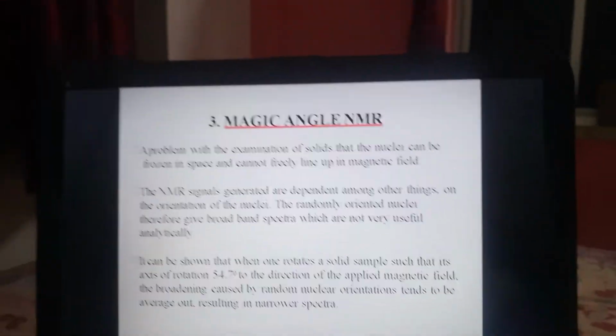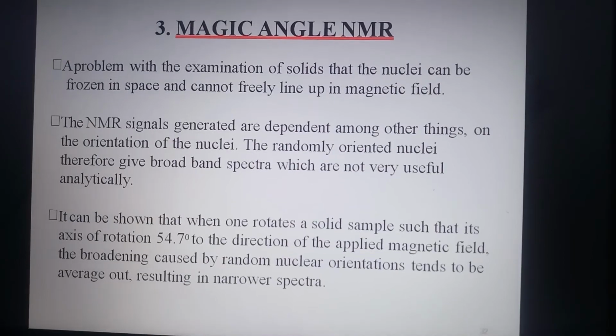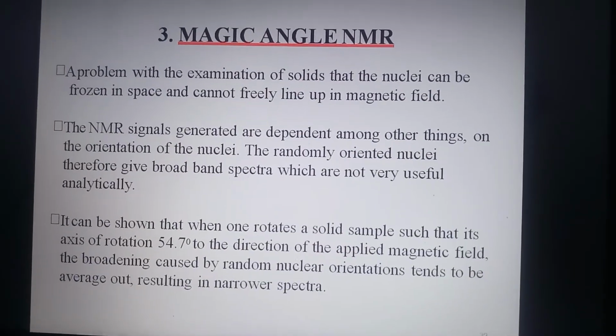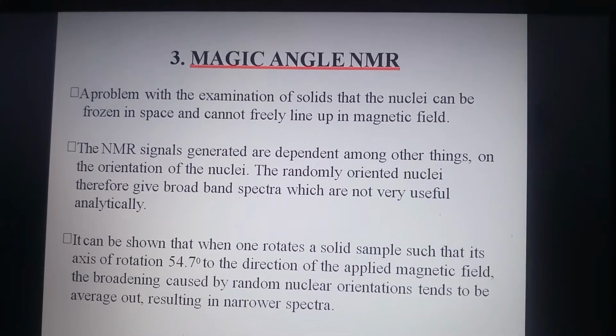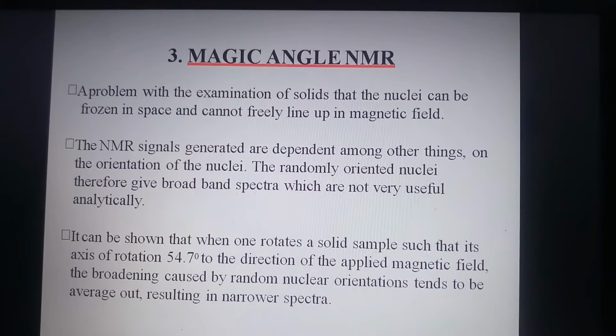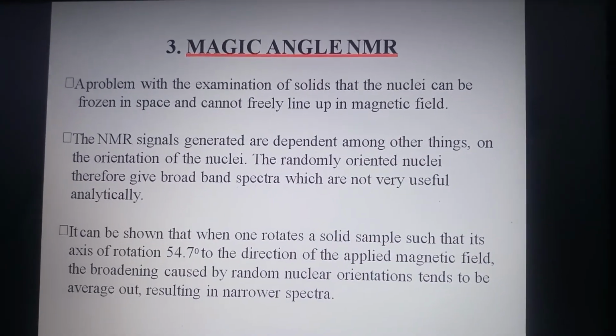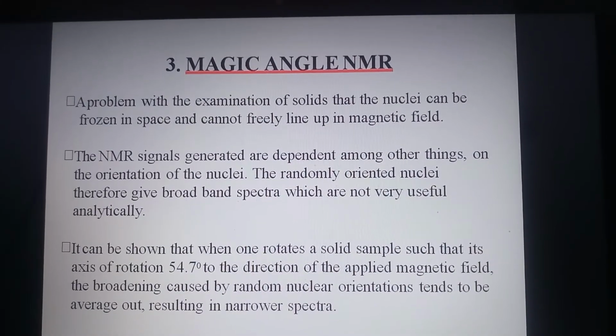Magic angle NMR. A problem with the examination of solids is that nuclei can be frozen in space and cannot freely line up in a magnetic field. In this case, the NMR signals generated are dependent, among other things, on the orientation of the nuclei.